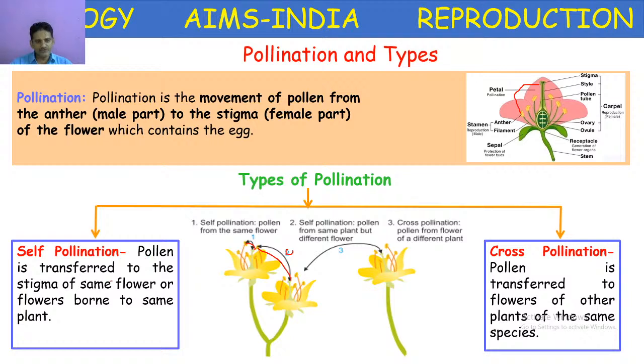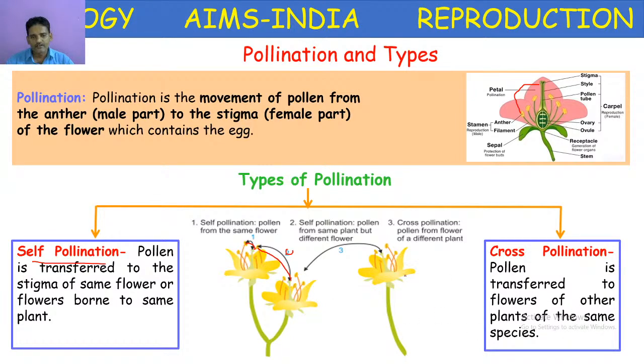So let us see the definition. Pollen transferred to the stigma of the same flower or of flowers borne on the same plant is called self-pollination. Cross-pollination: pollen is transferred to flowers of other plants of the same species.